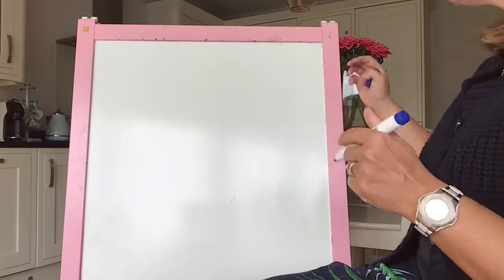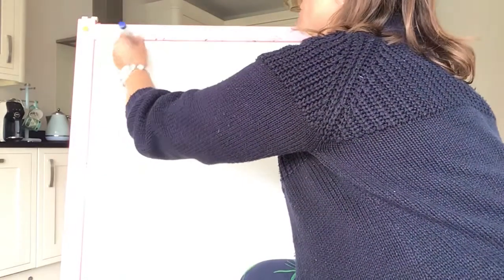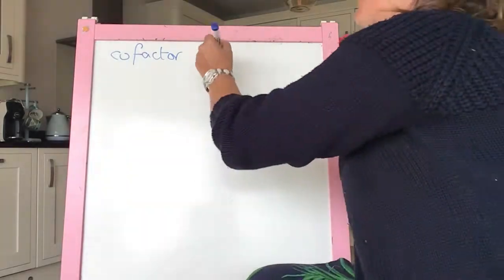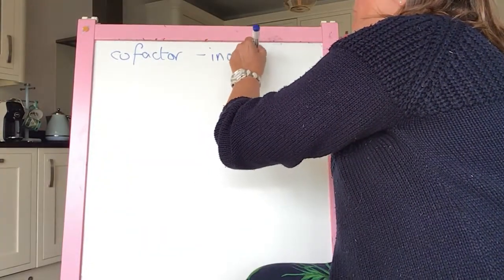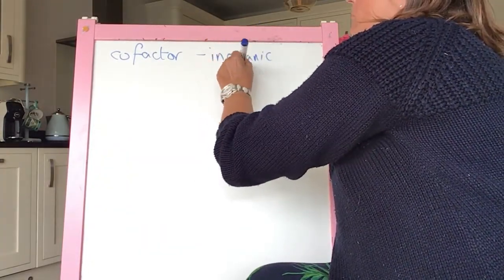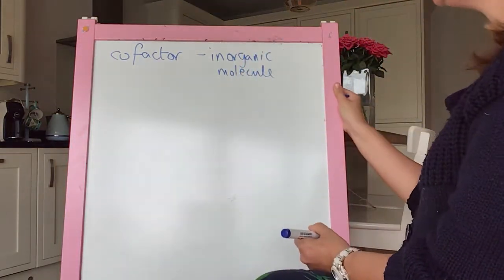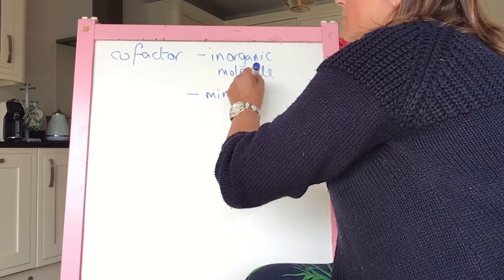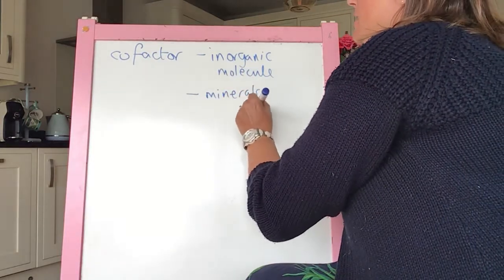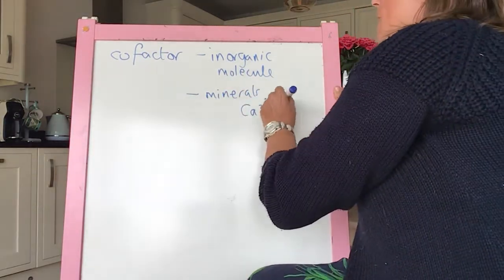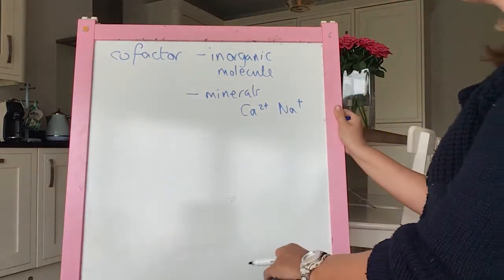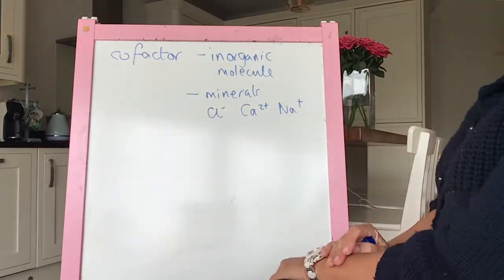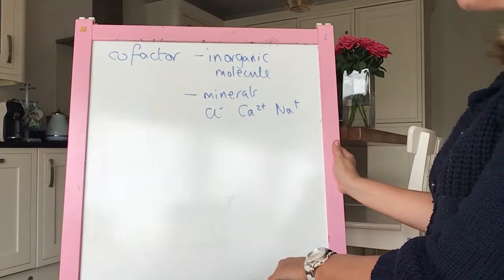So a cofactor tends to be an inorganic molecule, and it tends to be made from the minerals that you get, for example, Ca2+ or Na+ or Cl-. All right? So minerals are inorganic molecules.